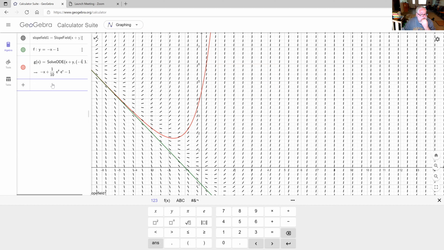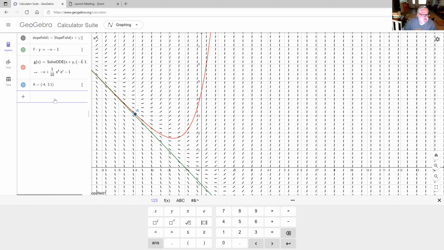Great. So let's put in our starting point, minus 4 comma 3.1. There's our initial condition A.